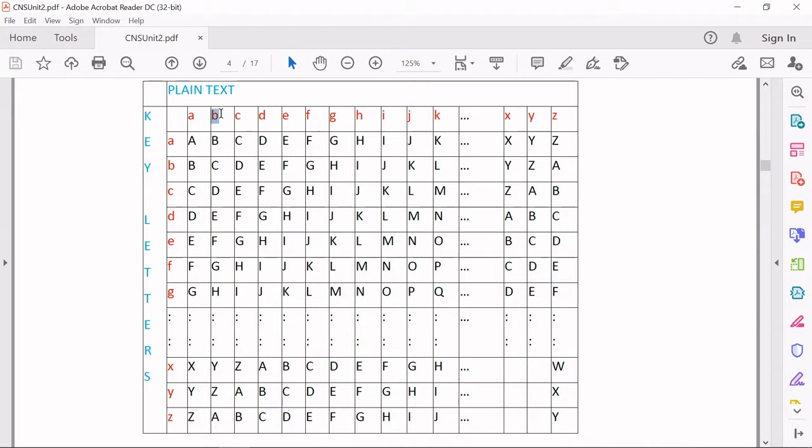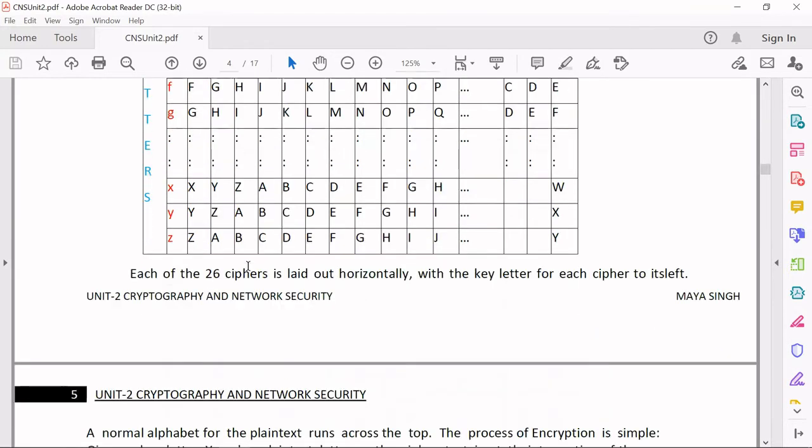For example, if you're taking plain text B and key C, you have to take the row labeled by the key and the column labeled by the plain text. That value will be considered in the ciphertext.